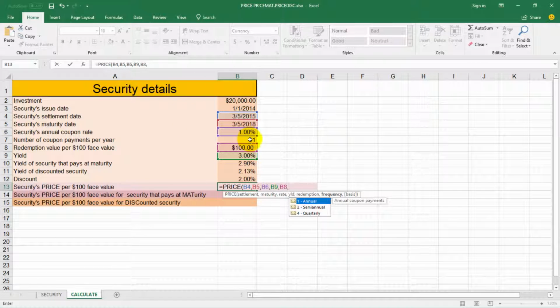We have one payment per year, so the frequency is 1.